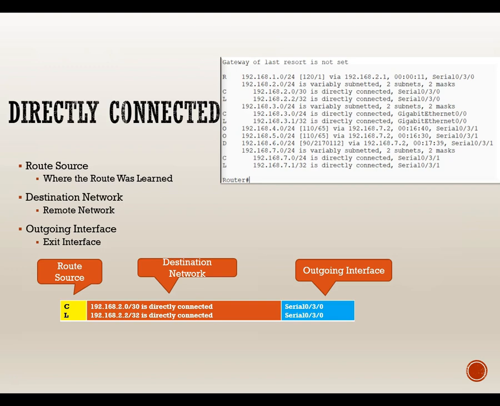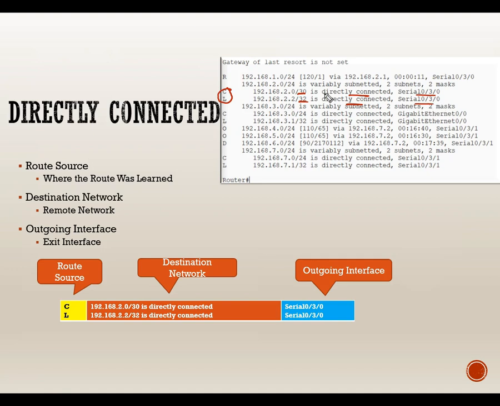The destination network, in this case, we're doing the directly connected ones, 192.168.2, and then the outgoing interface, serial 0/3/0. And if we look up at the table, the route source, 192.168.2, we have the C and the L here, the 30-bit mask and the 32-bit mask, directly connected, and it goes out serial 0/3/0.